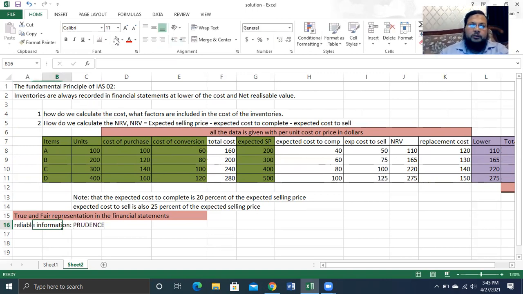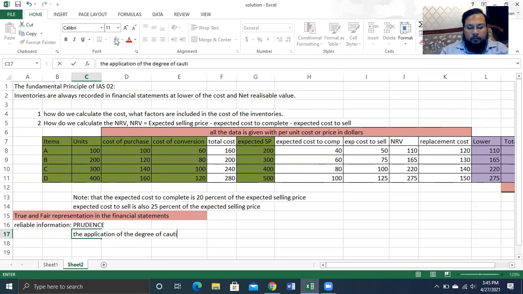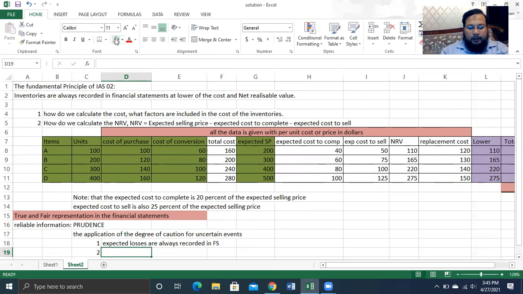Prudence is one of the favorite principles of accounting. Prudence says the application of a degree of caution for uncertain events. So there will be two applications. The one is that expected losses are always recorded in financial statements and assets should never be overstated.